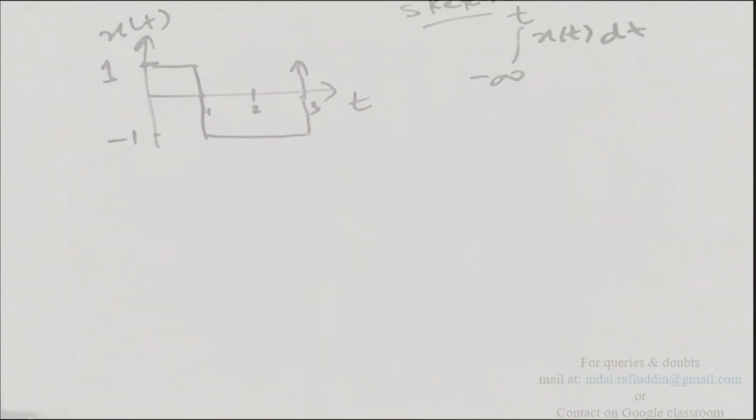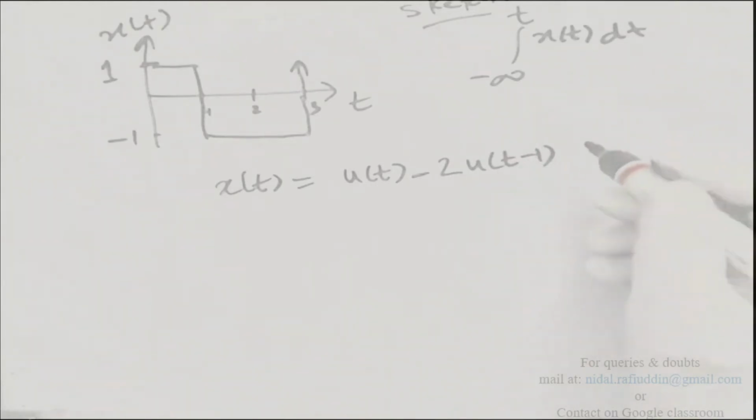We'll first represent this x(t) in mathematical terms. Starting at t equal to 0, we have the first term which has magnitude 1, which corresponds to u(t), and it ends at t equal to 1. Beyond t equal to 1 we don't have magnitude 0, rather -1, which means that we'll be adding another step signal having magnitude -2 starting at t equal to 1.